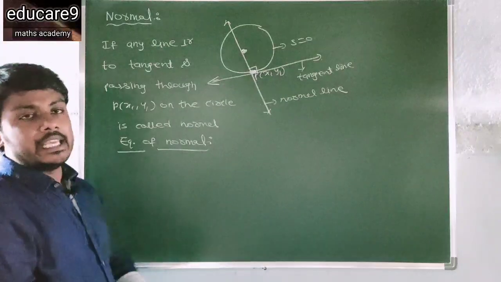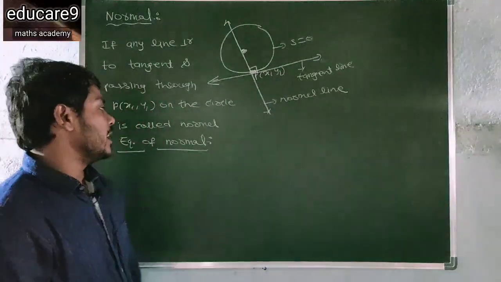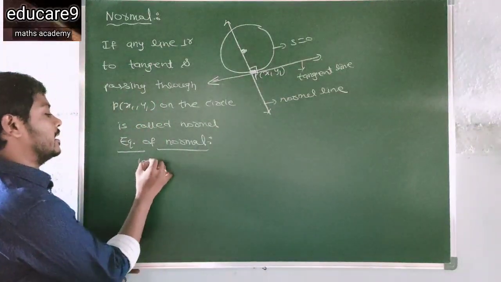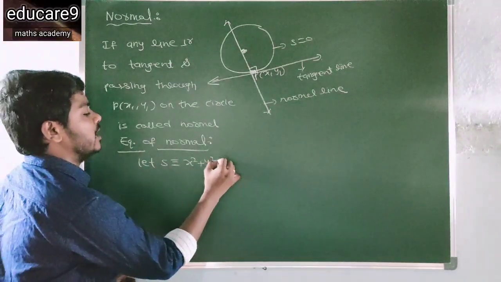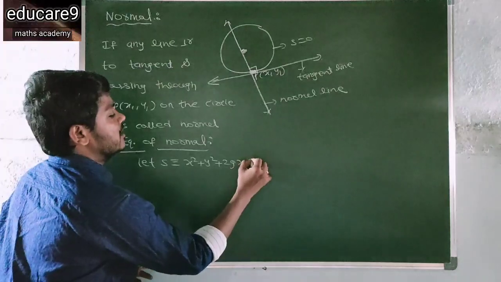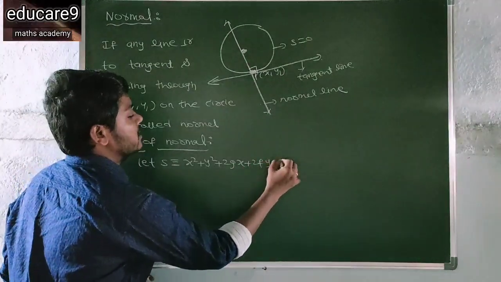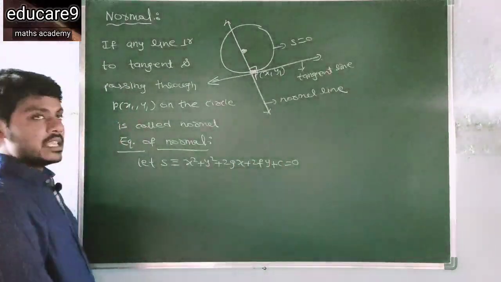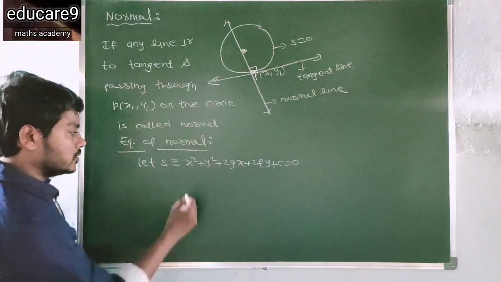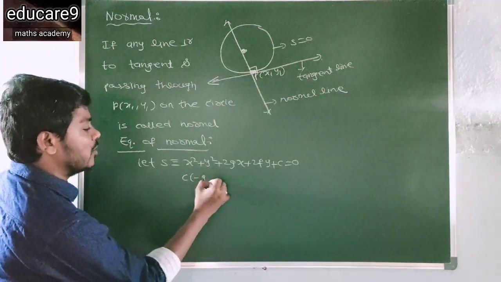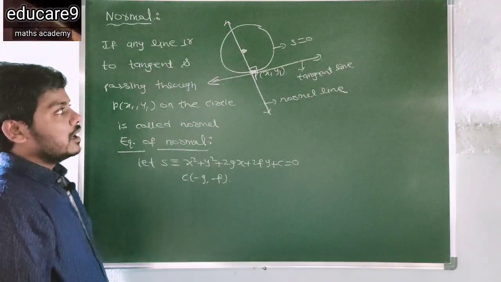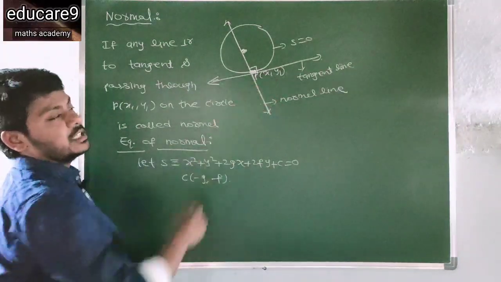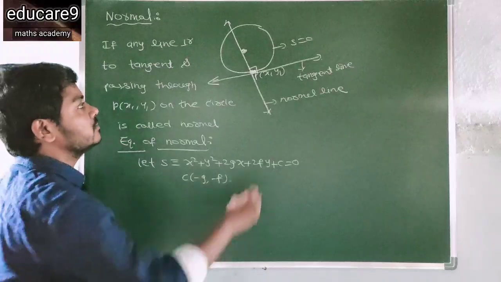So how to find the equation of the normal? Here, let S is equal to x square plus y square plus 2gx plus 2fy plus c is equal to 0. This is any circle whose center is (minus g, minus f). Okay. And P be any point on the circle, that is (x1, y1).